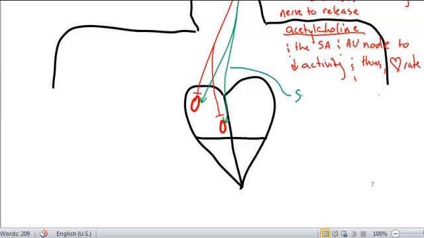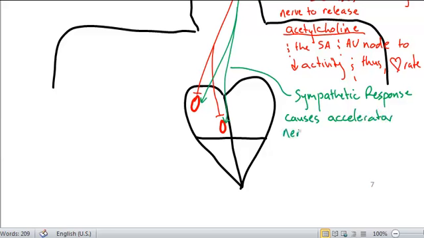So sympathetic causes accelerator nerve to release what neurotransmitter to increase heartbeat?